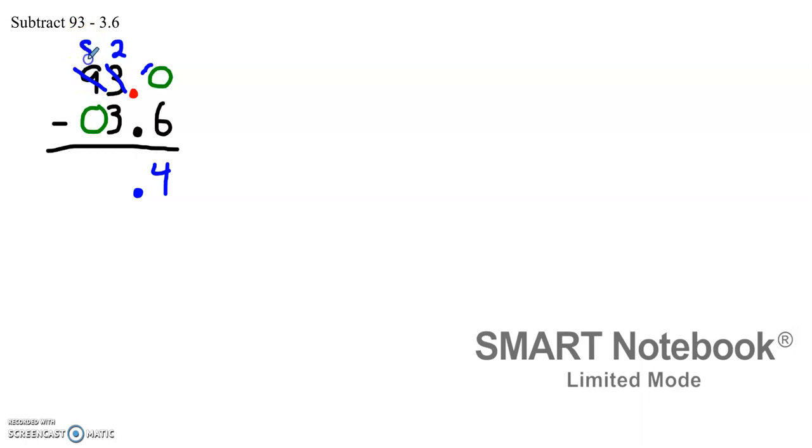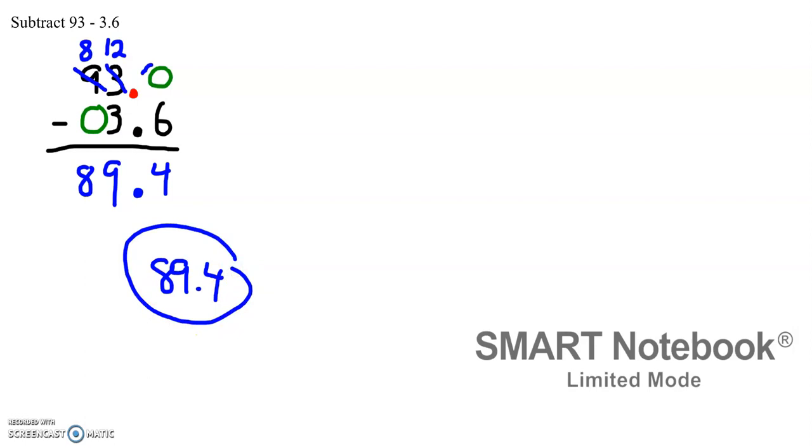So the 9 now becomes an 8, right? So I'm taking 1 ten out and I'm making it 10 ones. So 10 ones plus 2 ones is 12 ones, so this 2 becomes a 12. 12 minus 3 gives me 9. 8 minus 0 gives me 8. And that is my final answer, 89 4/10.